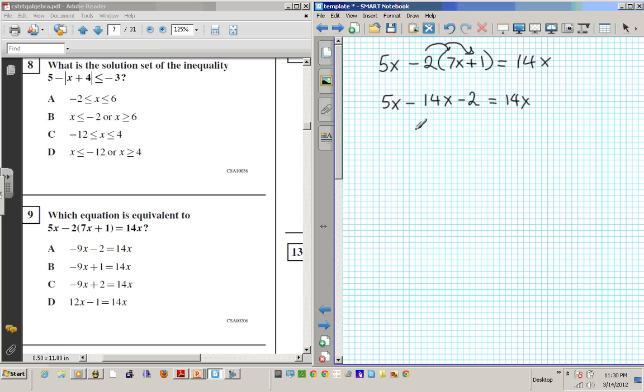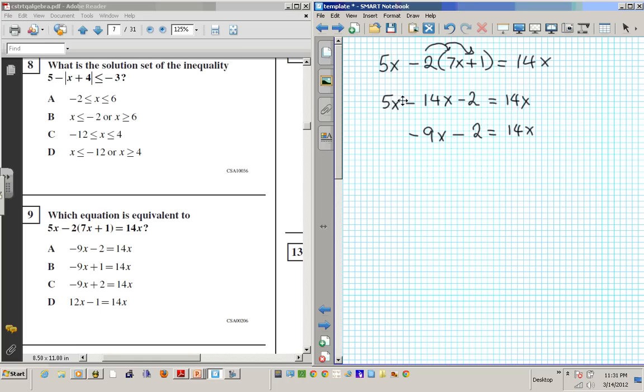Okay? And then we combine these two right here. 5 minus 14 is going to give us negative 9x minus 2 equals 14x. Remember that anytime the signs are different, you subtract, and when the signs are the same, you add.